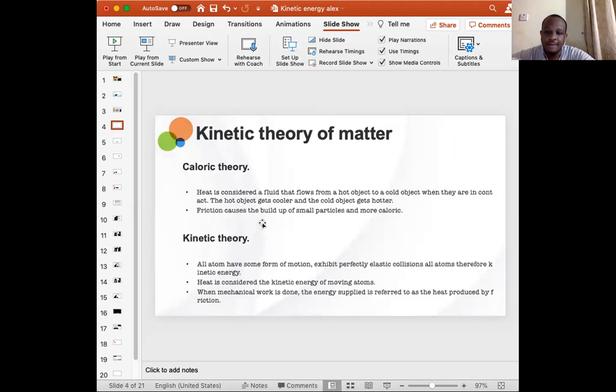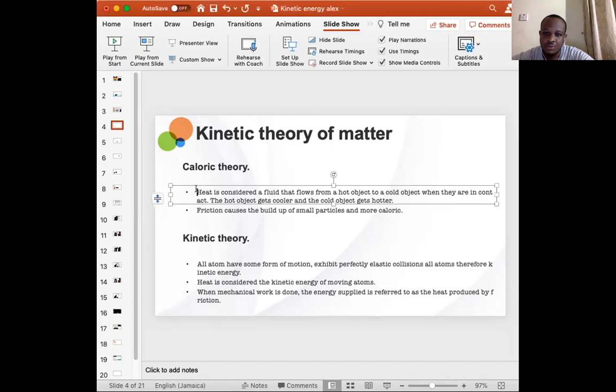It is believed in the caloric theory that heat is considered a fluid that flows from a hot object to a cold object when they are in contact. So the hot object gets cooler and the cold object gets hotter. And also that friction causes the buildup of small particles and more caloric.